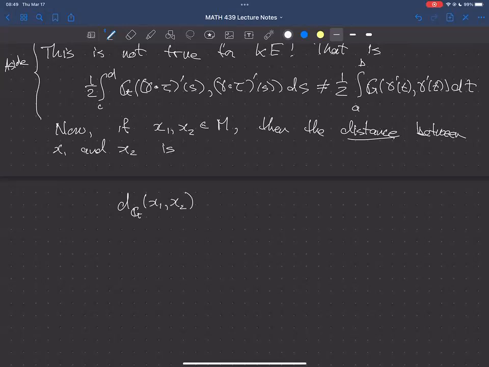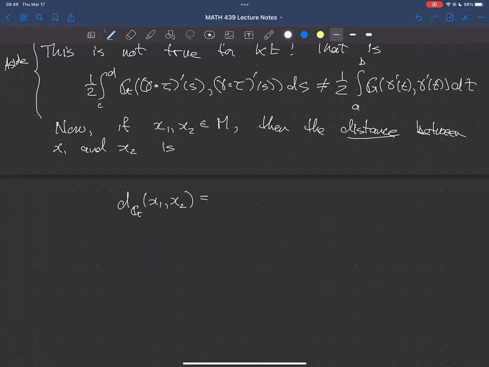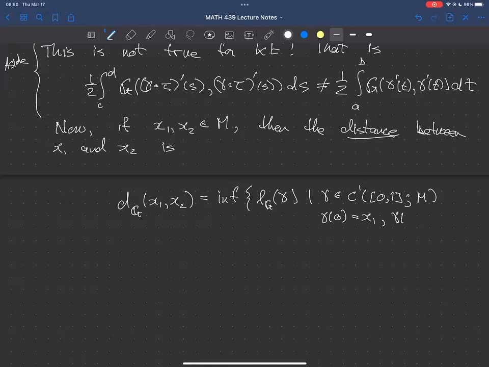So this distance function depends on g, because we're going to define it using the length. It is the inf of the following collection of numbers: the lengths of all the curves gamma, so that gamma is a C1 curve on the interval [0, 1] with values in M, and gamma of 0 is x1 and gamma of 1 is x2.